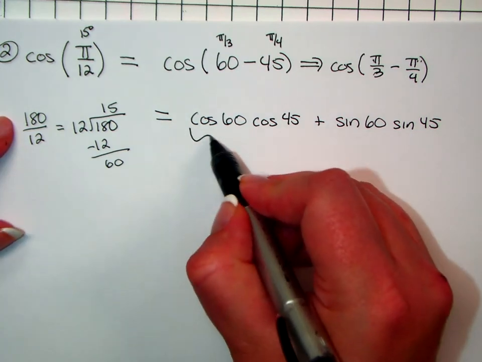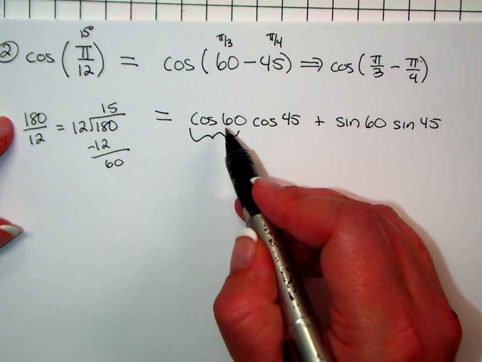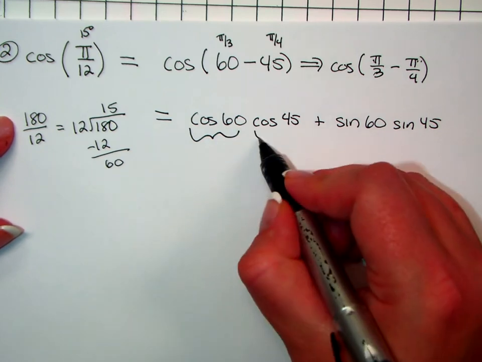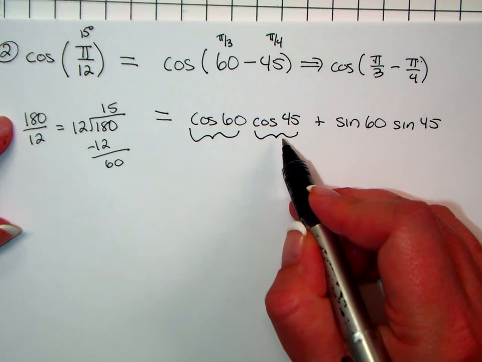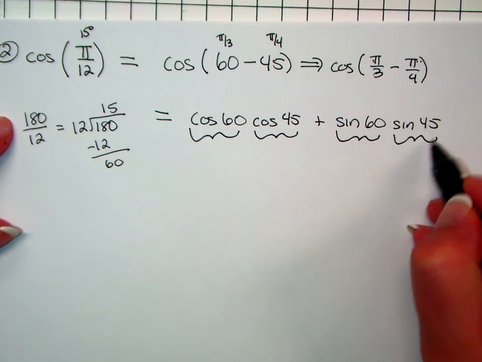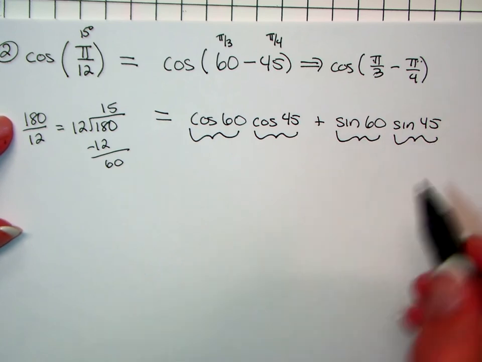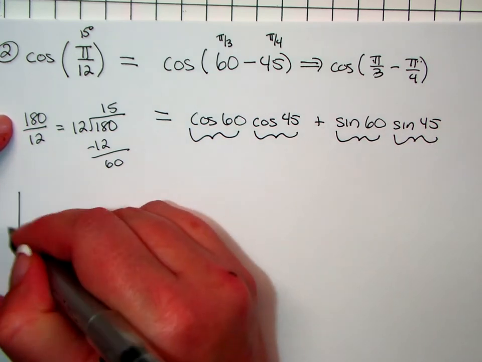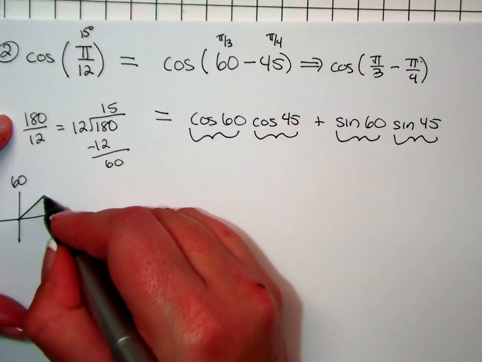Cosine of 60 is what? Cosine of 60 is the x-coordinate at 60 degrees, right? Cosine of 45 is what? It's the x-coordinate at 45 degrees, right? And then we're going to do the same for sine. Sine is the y-coordinate at 60 degrees and the y-coordinate at 45 degrees. So I'm going to draw a little point on the unit circle, right?